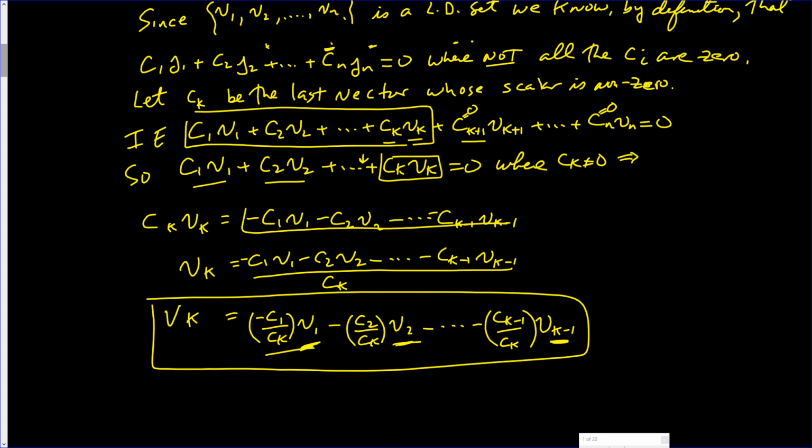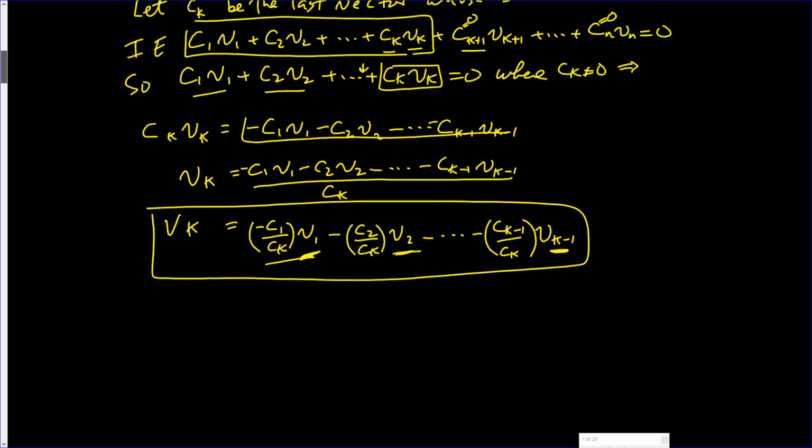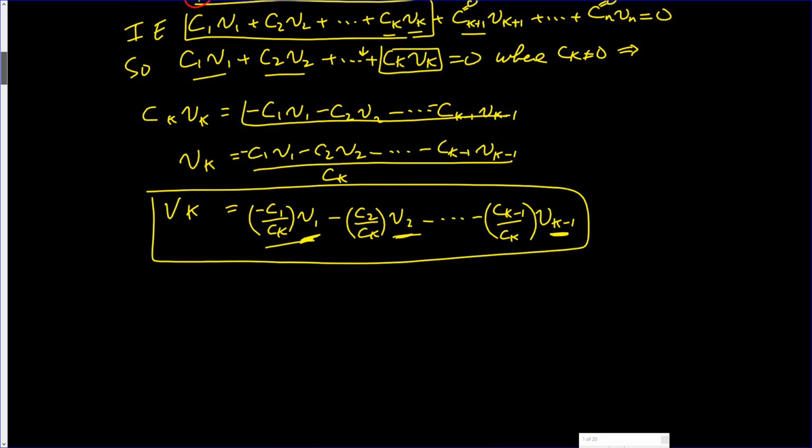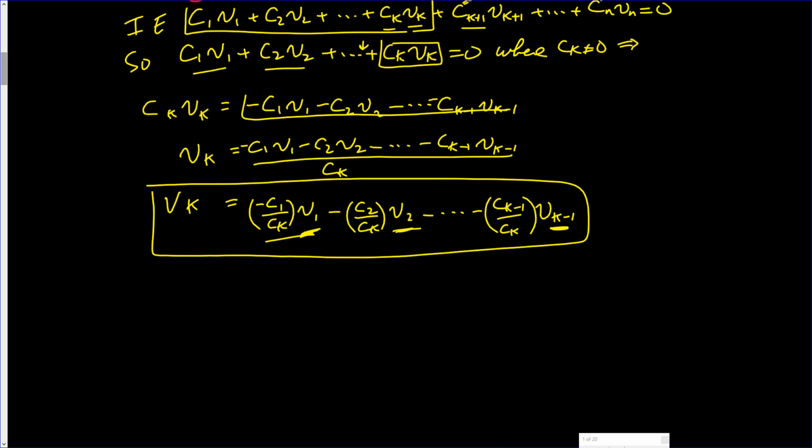Now, for completeness, let us talk about one last thing. We said that C sub k was the last vector whose coefficient was not 0. Well, what if k equaled 1?